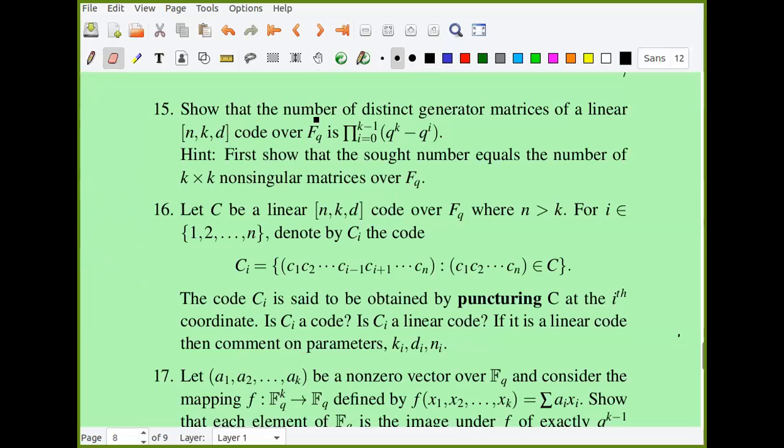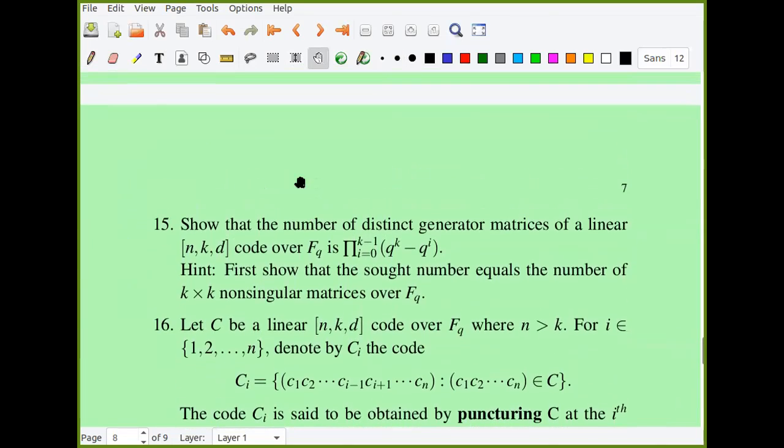These are very interesting combinatorial problems, right? So I have a linear code C, an n, k, d binary linear code. How many vectors will be there in C? What is the cardinality of C? 2 raised to k.